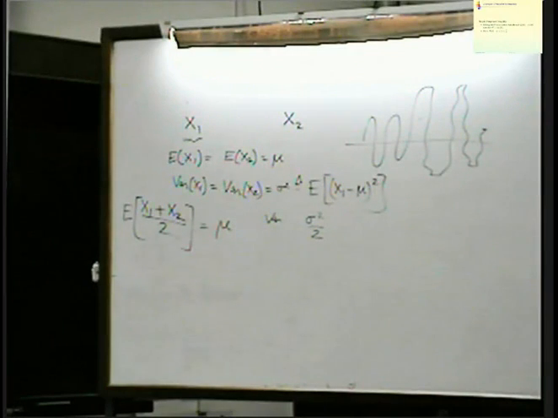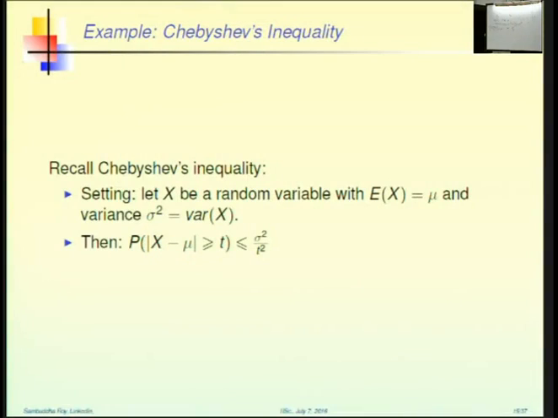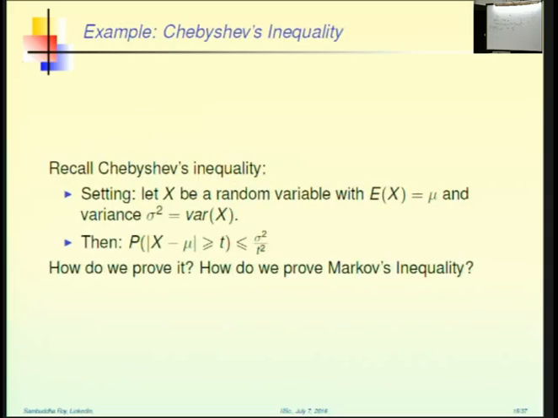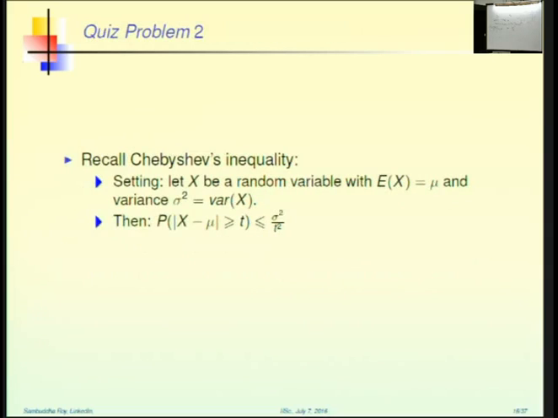Expectation of that modified random variable is sigma squared, and the event has become x minus mu squared greater than or equal to t squared, so the t squared falls in the bottom. Okay. And the question was, how do we prove it and how do we prove Markov, which we already talked about.